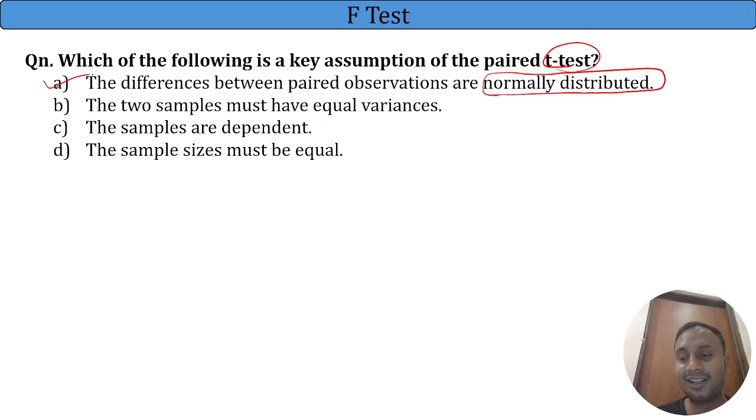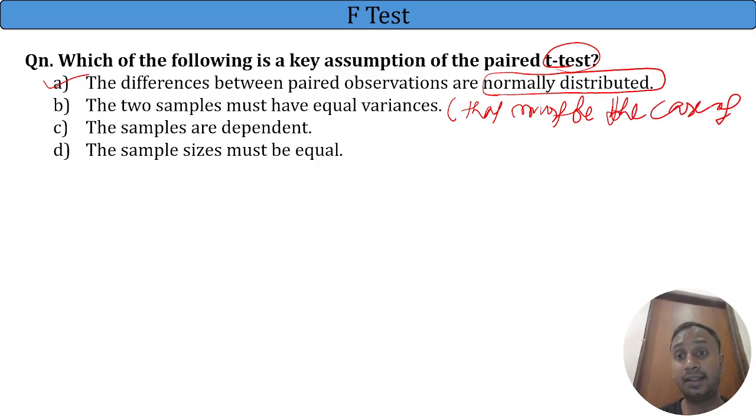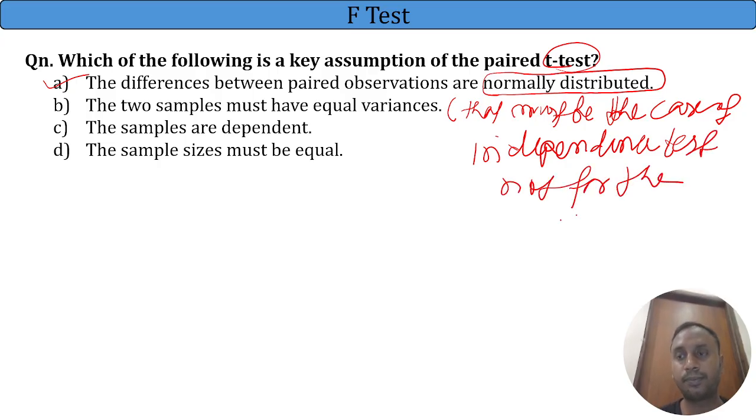Will we not have any sort of variances in that? Because the same participants and the same population are there. Yes, sir. So that must be the case for the independent test, not for the paired test.